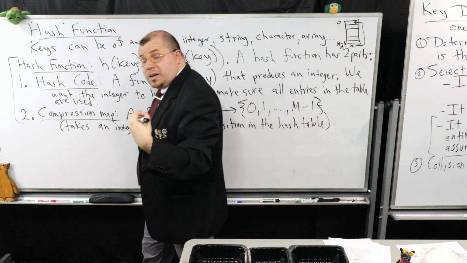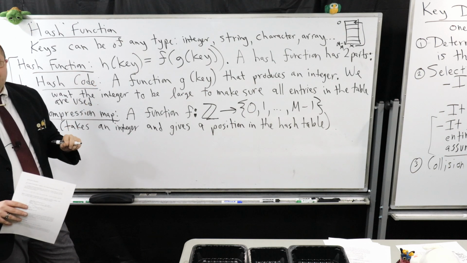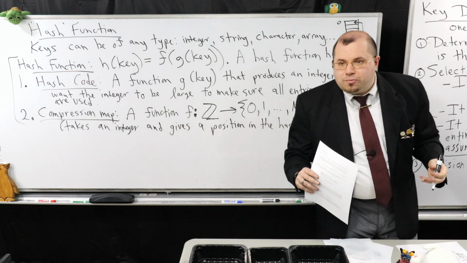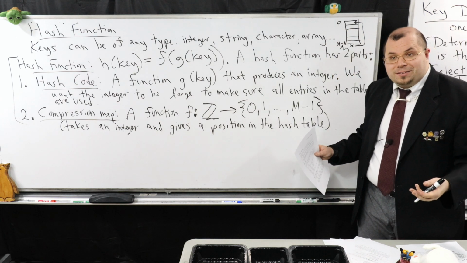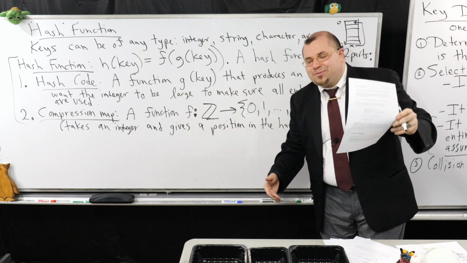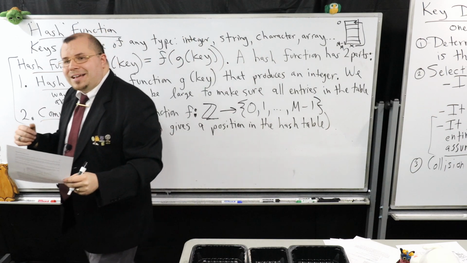But yeah, the role of the compression map is to make sure whatever value I get out of this function, because this function might give some completely arbitrary value that might be really, really big, but I know how to compute it. I need some way to make it so it's inside the table, because remember, the goal is to get a location that's going to be inside the table. Is that clear?